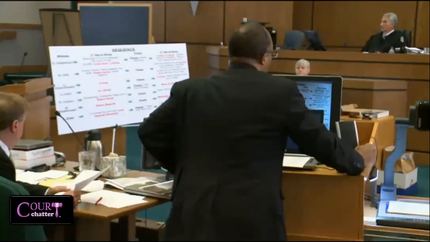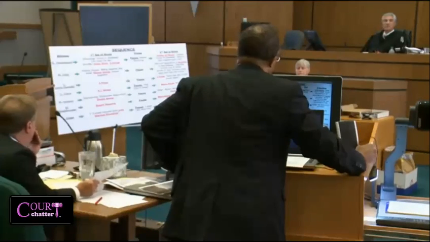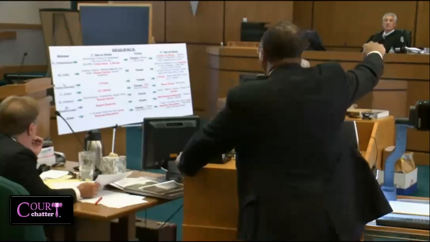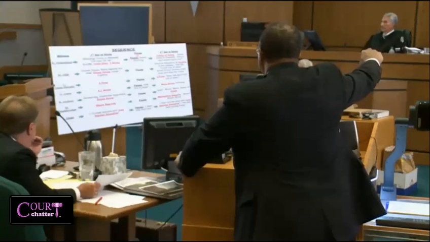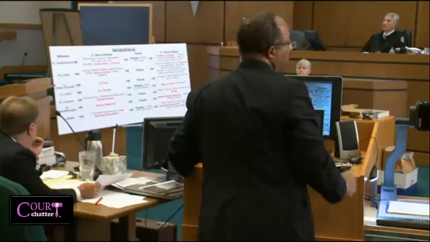But on the off chance that anyone has any doubt whatsoever, take a look at this center column. Every witness testifies to a pause, including the defendant.